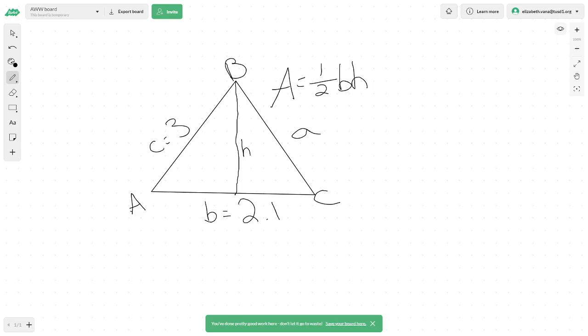Well, we may not know the value of h, so we can't use 1/2 times base times height. But we can find it using our previous trig knowledge. So let's take a look at this.